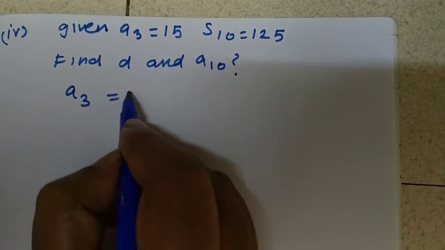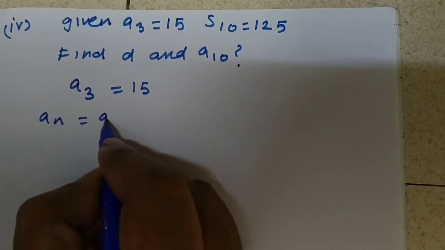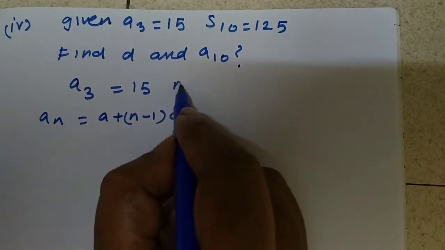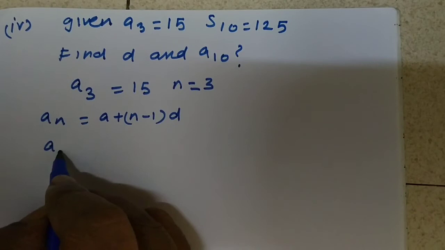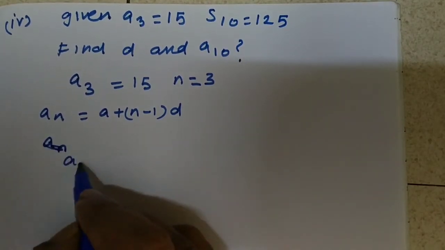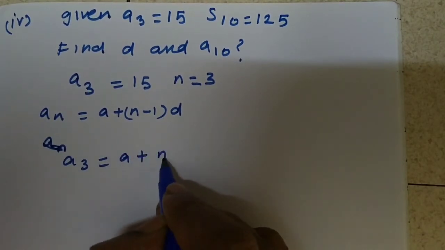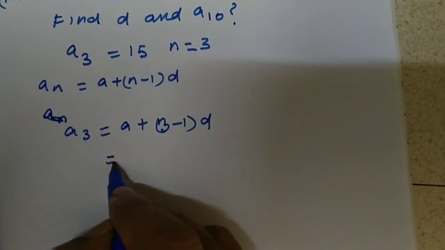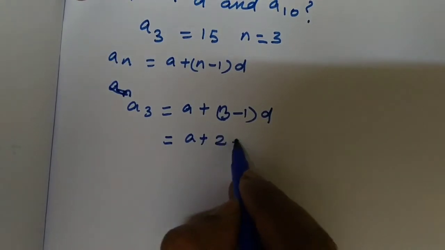a3 is given as 15. The formula to find an is a plus n minus 1 into d. The value of n is 3. a3 is a plus 3 minus 1 into d. a plus 3 minus 1 is 2d.